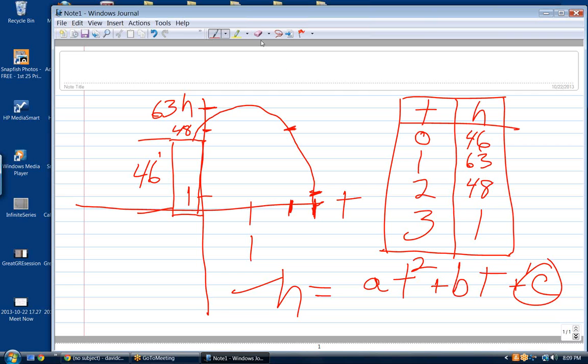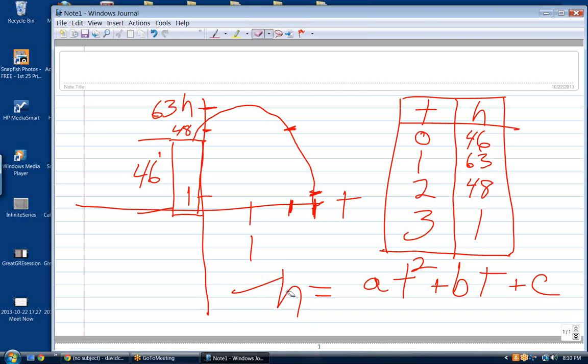So there's our general equation of a quadratic, and we're going to try to fit this. We have enough points that we should be able to figure out this equation. When t is 0, the height is 46 feet.